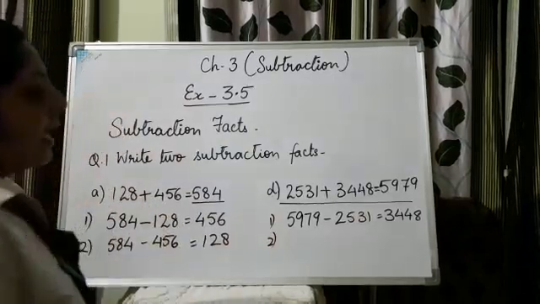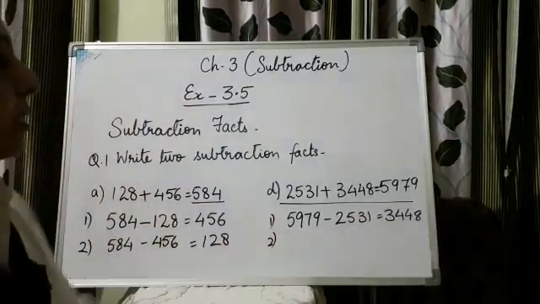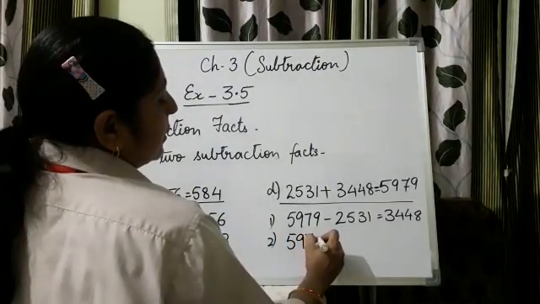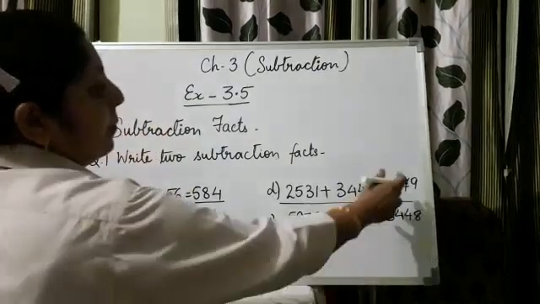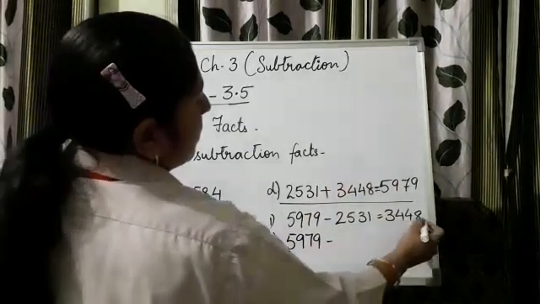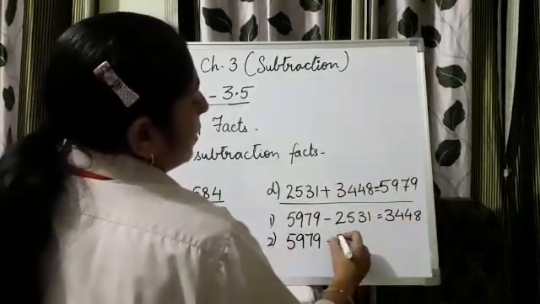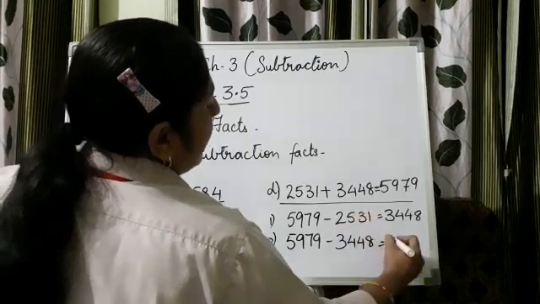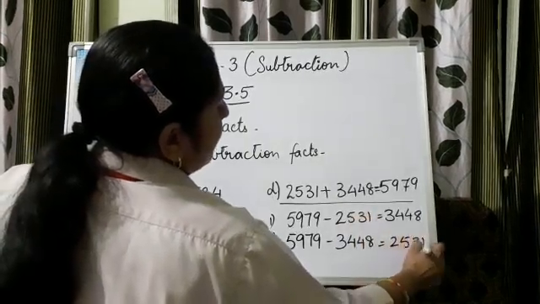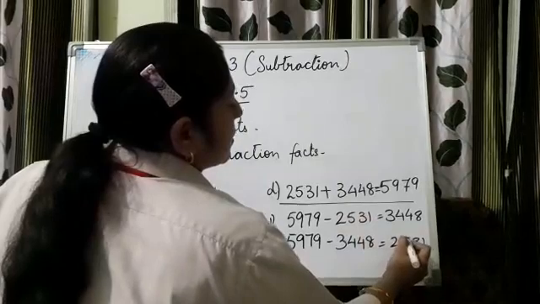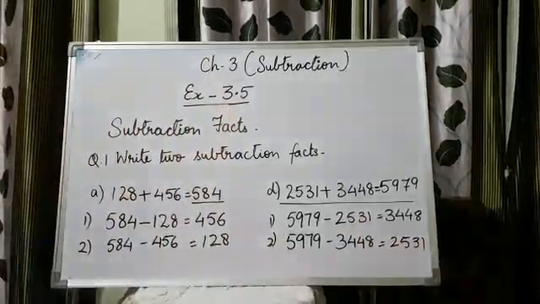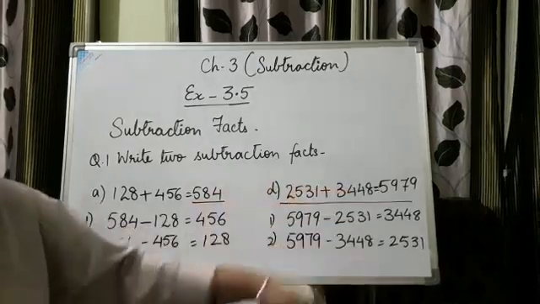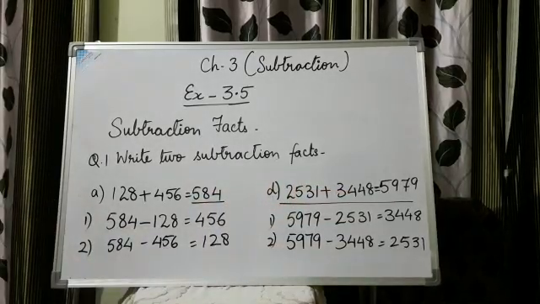Second fact can be done vice versa. 5979, which is the sum, when it deducts the other addend, you get the previous addend as its difference. So these are the two subtraction facts which you get out of this one addition fact.